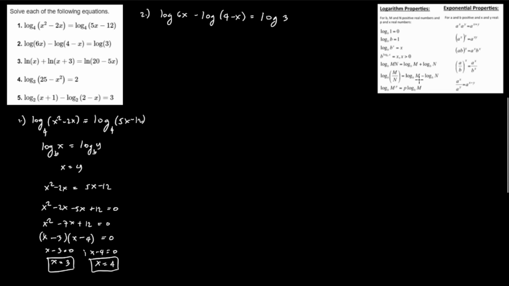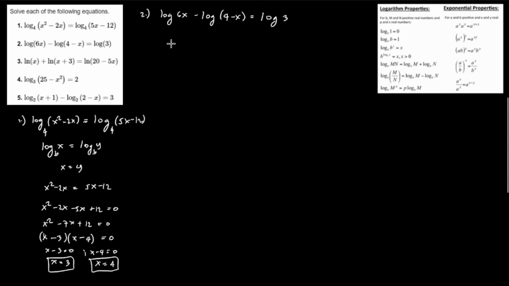So using the formula, we have log of 6x minus log of 4 minus x with base 10, so we can use the quotient rule.